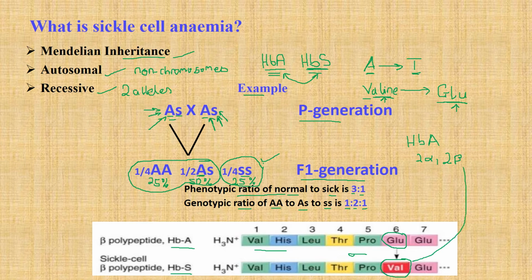So this mutation generally takes place in one of the beta subunits. That is why here we see they have put sickle cell in the beta polypeptide, and here they put beta polypeptide. So this mutation takes place in the beta subunit of hemoglobin A.